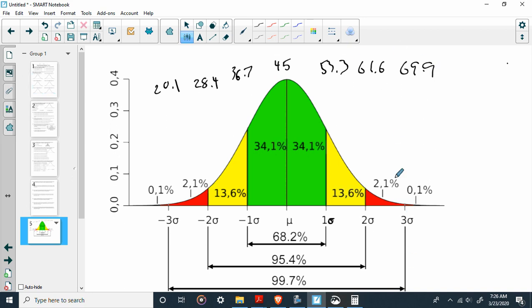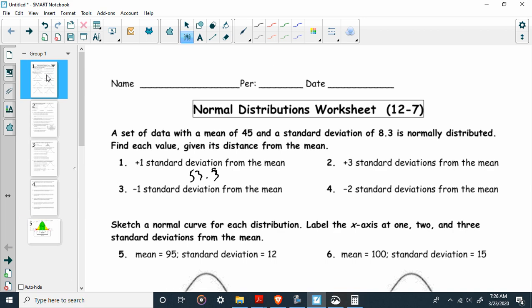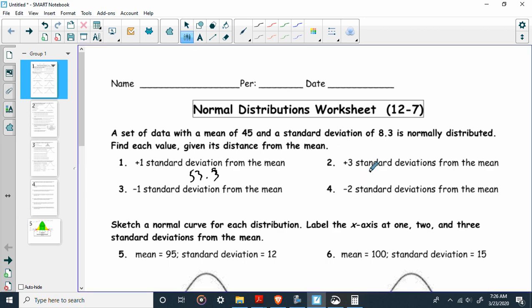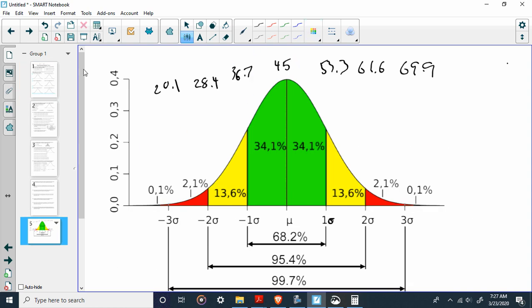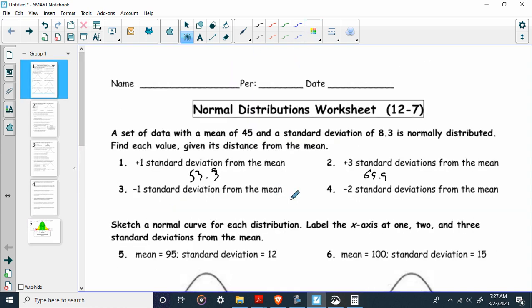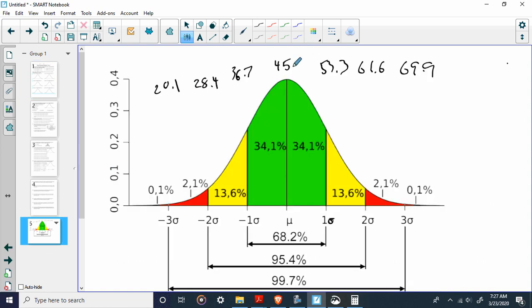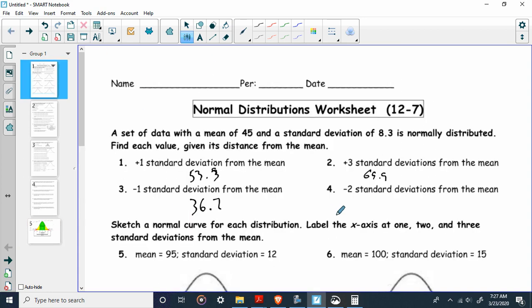So 3 standard deviations is going to be 69.9. Minus 1 standard deviation, 36.7. And minus 2 standard deviations, again, we're going 1 standard deviation, 2 standard deviations, 28.4.